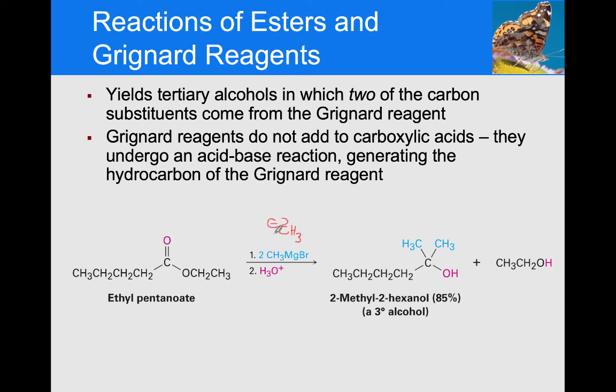minus. This CH3 minus is going to add to the carbonyl carbon here, pushing the electrons up. So I'm going to go 1, 2, 3, 4, 5. So I have O minus right here. I have my ethoxy group.